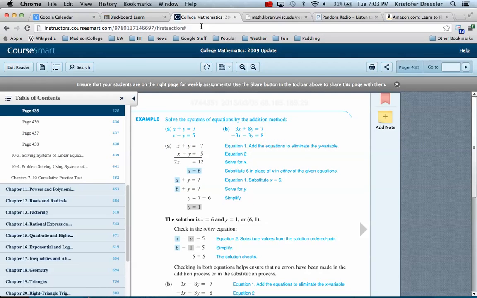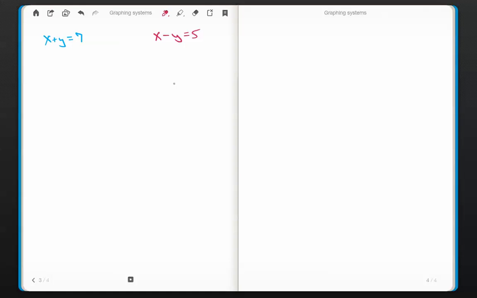So this time we've got another couple of equations. We have x plus y equals 7, and then Matt's equivalent equation is x minus y equals 5. Let's make sure I got that right. X plus y equals 7, x minus y equals 5. Okay.